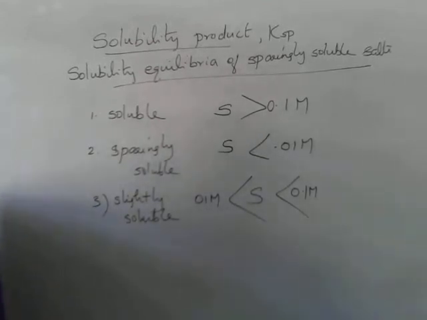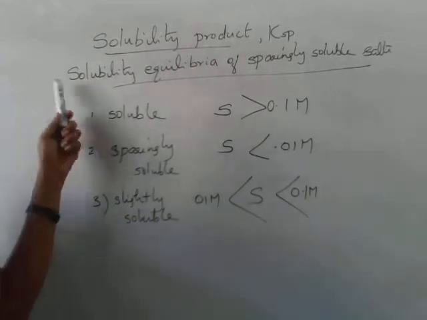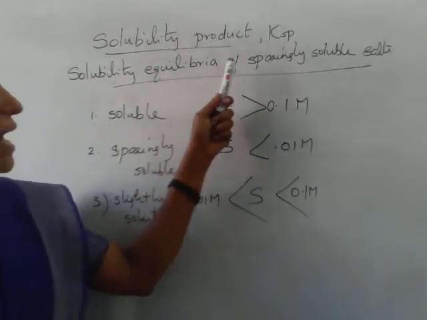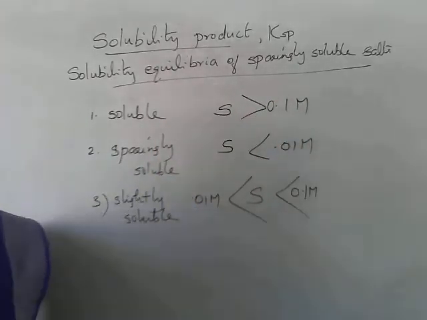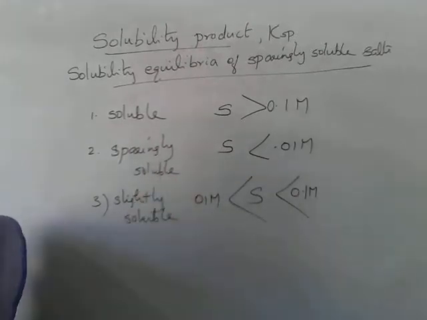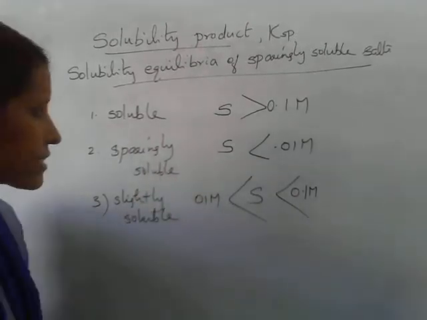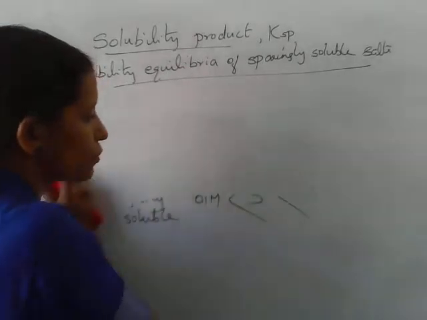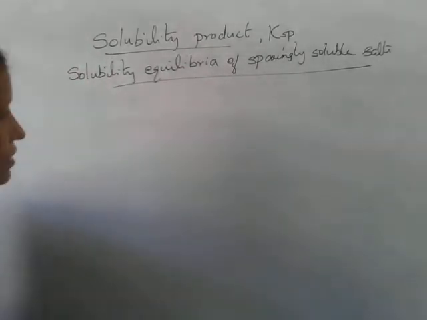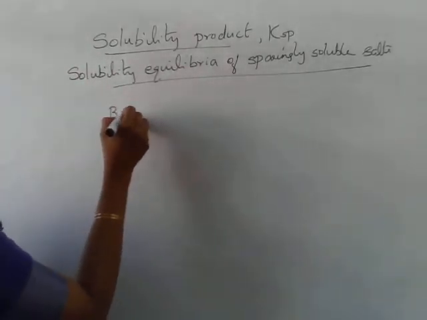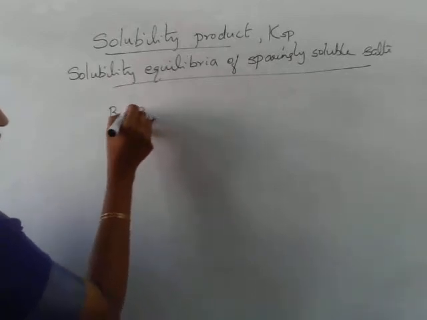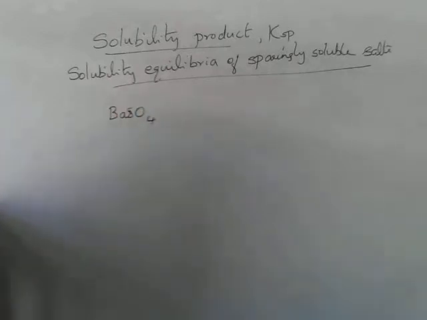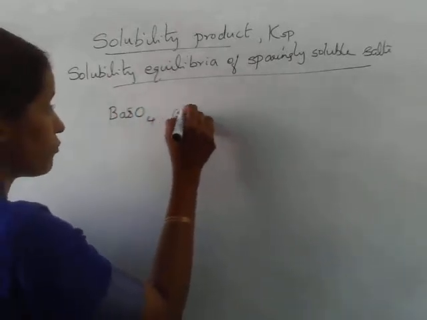Now we are going to discuss the solubility equilibria of sparingly soluble salts, which have poor solubility. So let us consider a sparingly soluble salt, barium sulfate.